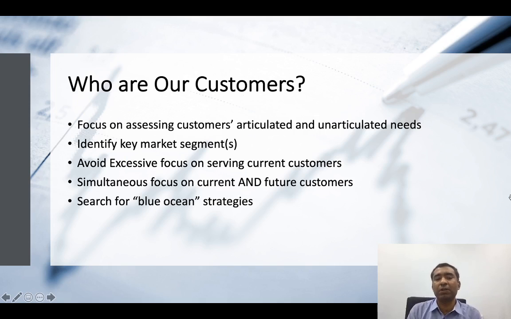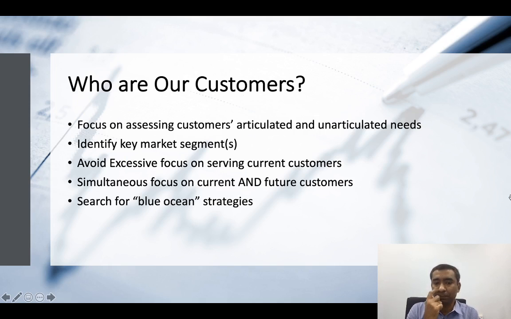Some companies always focus on the existing customers and do not expand their market. I am not saying that you should not focus on the existing customers. Yes, we focus on those also, but don't forget to expand your market. You have to find new customers for your company and your product. Don't just focus on what you already have. Always try to grow and find new markets.